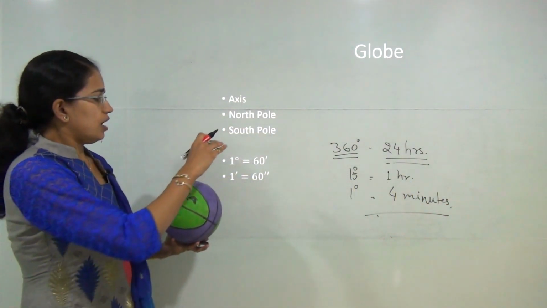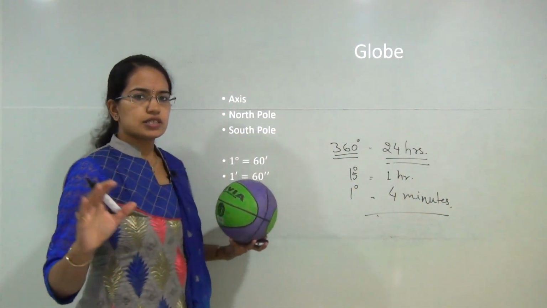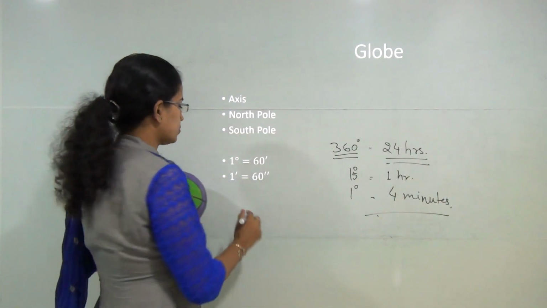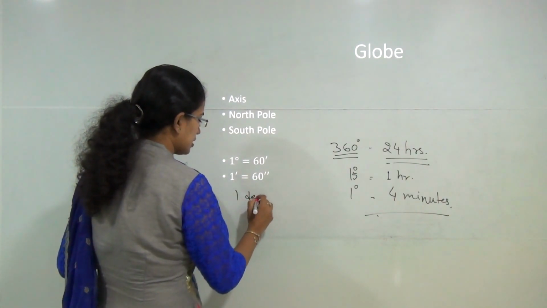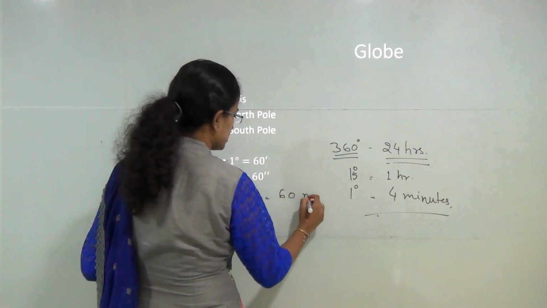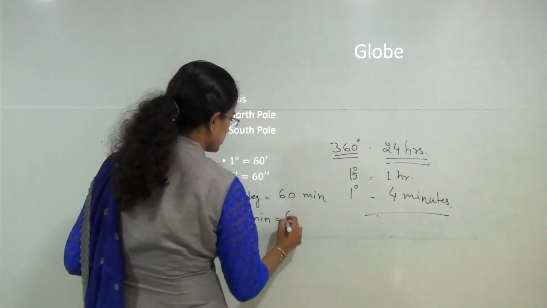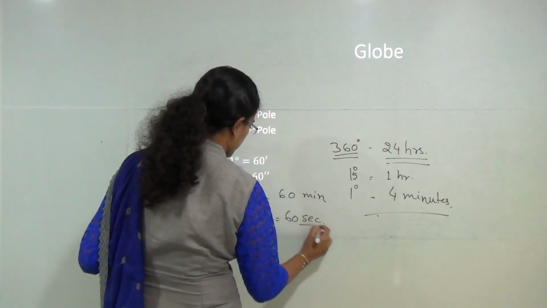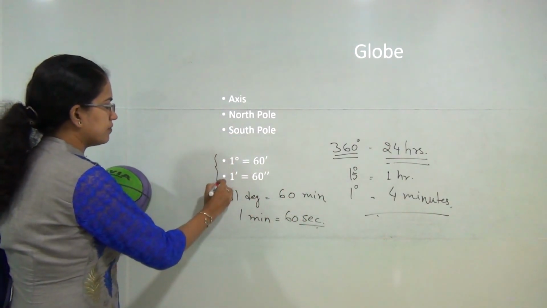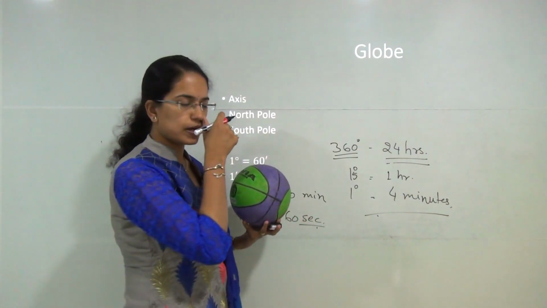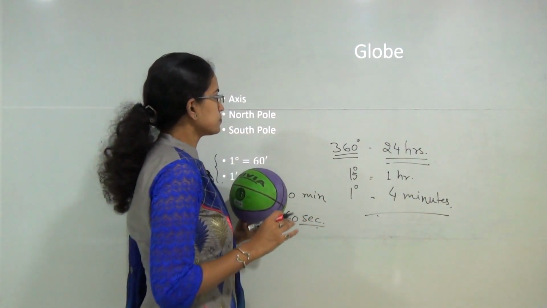Now, when we come on to the basic concept of degrees, minutes and seconds, we have 1 degree which equals to 60 minutes, 1 minute which equals to 60 seconds. So that's the basic criteria we'll use as we move across in this lecture.